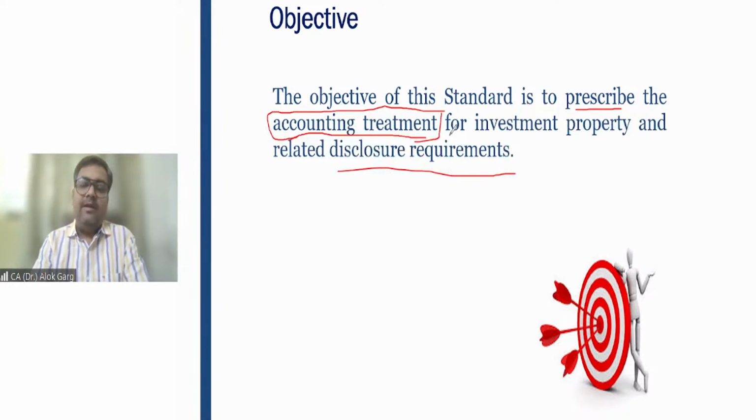Can anyone tell me why investment property is classified into a separate standard? It has been classified as a separate item. Just to give you a thought, the investment property is land and building, right? Only two items are covered here, land and building, which is held for rental or held for capital appreciation. Friends, this investment property is a very unique item.